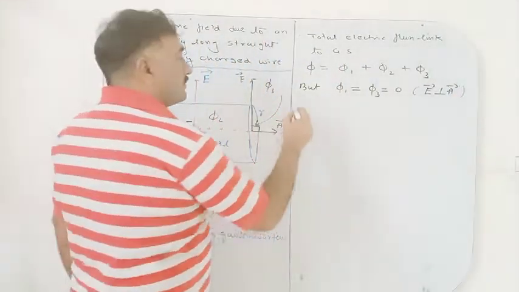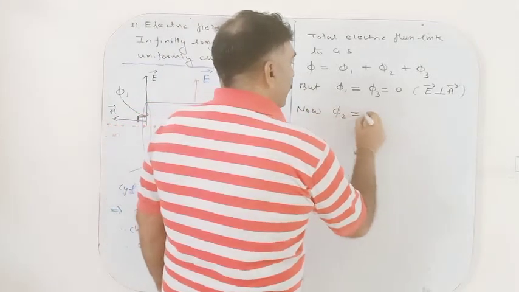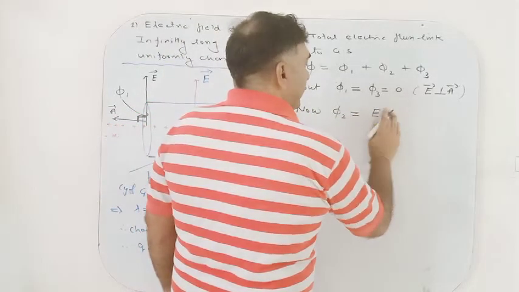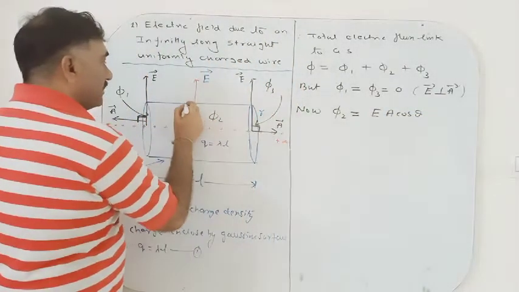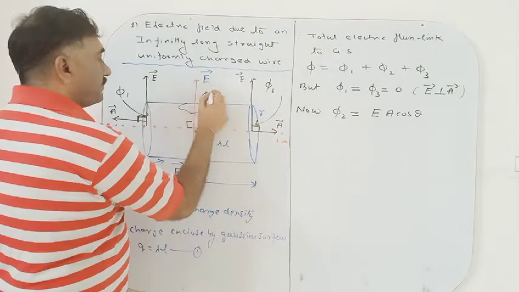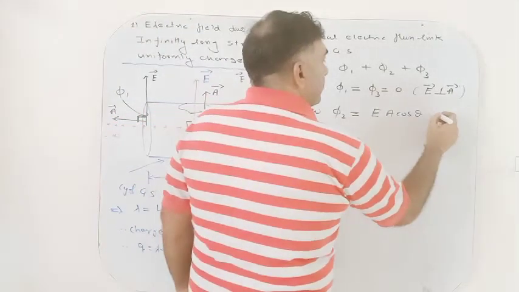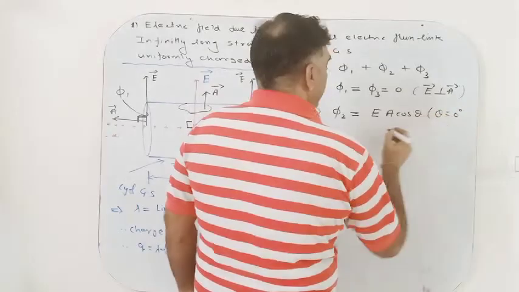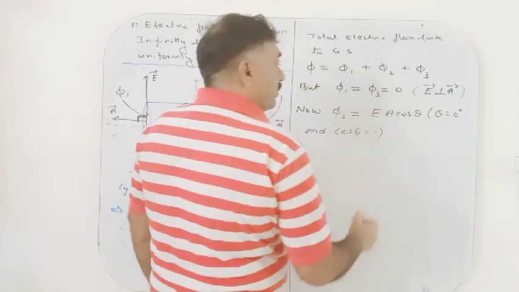Now we are having phi 2. Phi 2 is equal to electric field multiplied by the area. And what about theta in this case? We are taking a small area of the curved surface. Here the value of theta is equal to 0 degree, and cos theta is equal to 1.